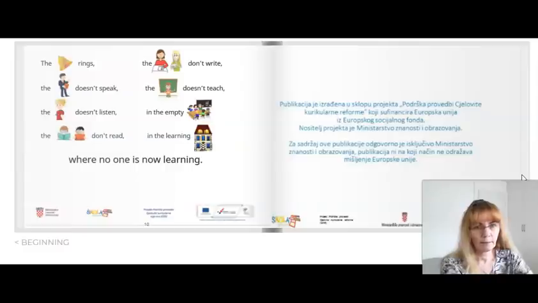The bell rings. The headmaster doesn't speak. The class teacher doesn't listen. The boys don't read. The girls don't write. The teacher doesn't teach. In an empty class, in the learning school, where no one is now learning.